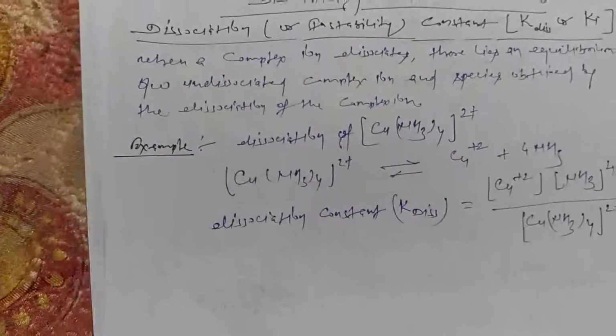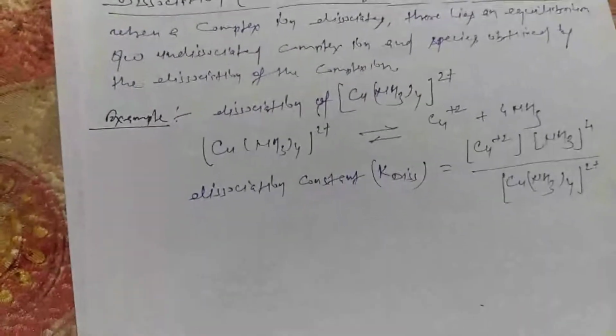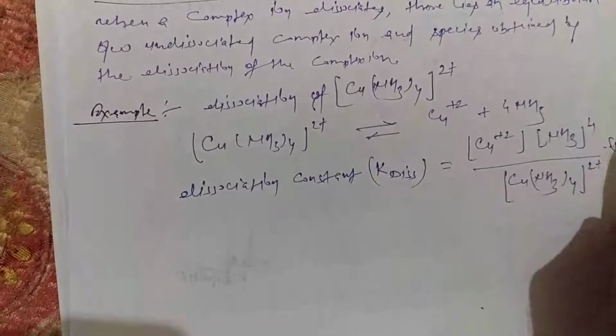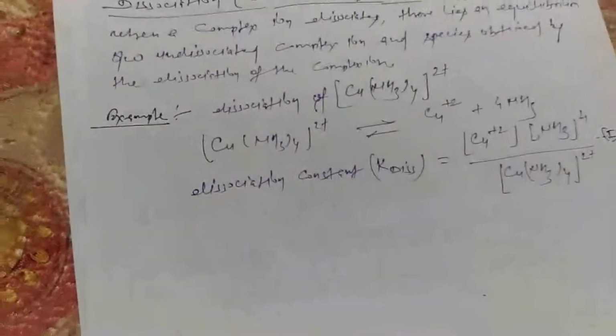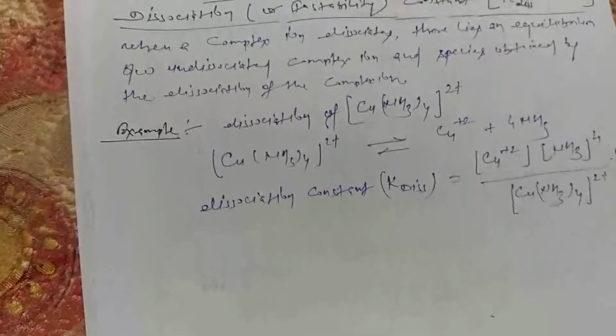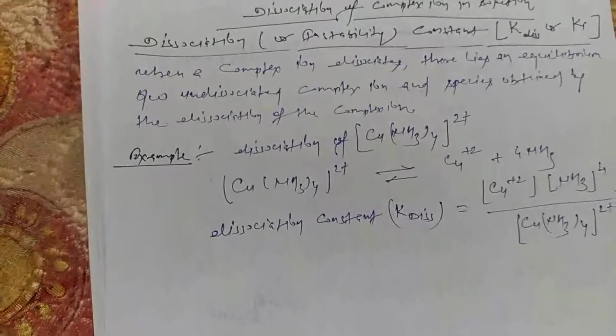This is the equation of dissociation, which we can write as equation number 1. Now this is the dissociation constant.